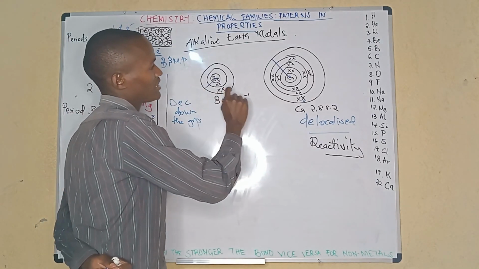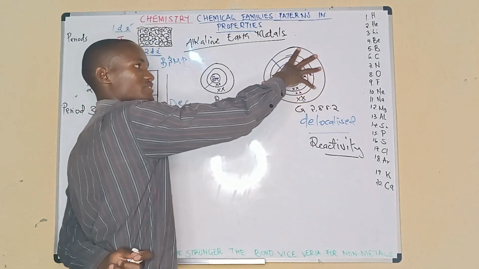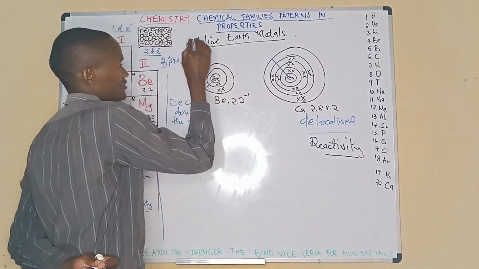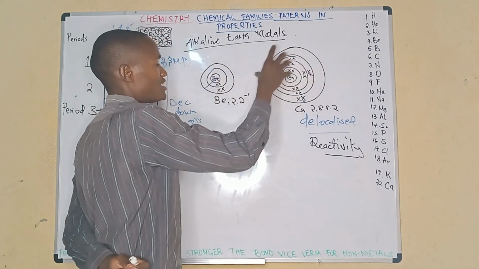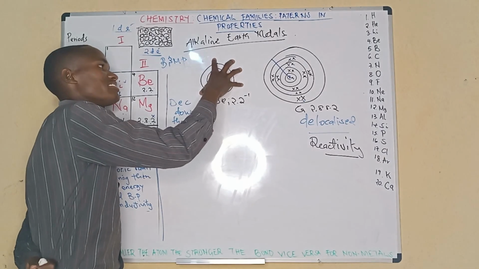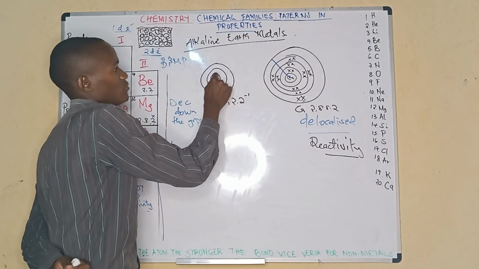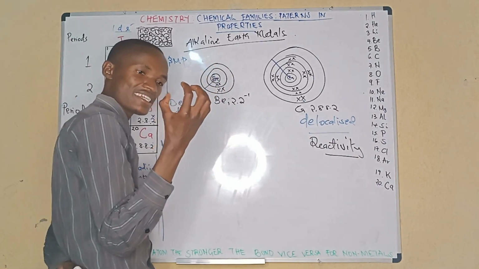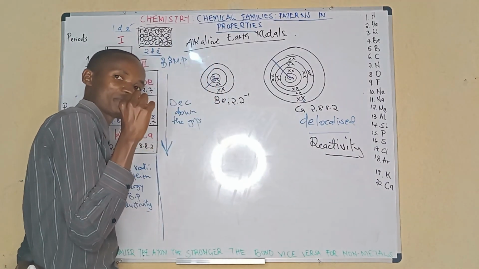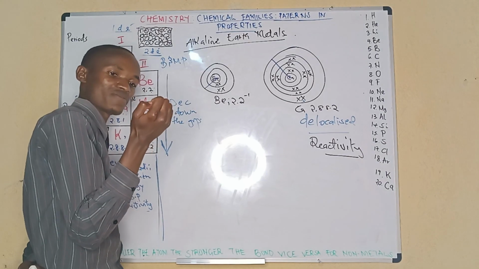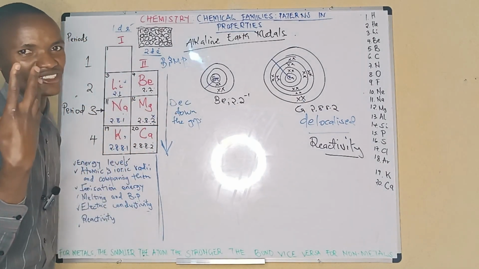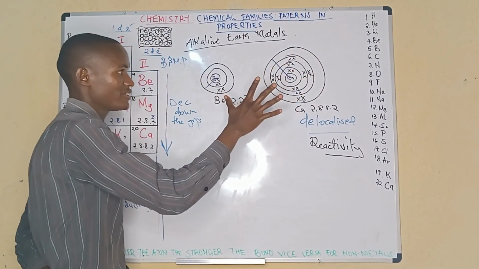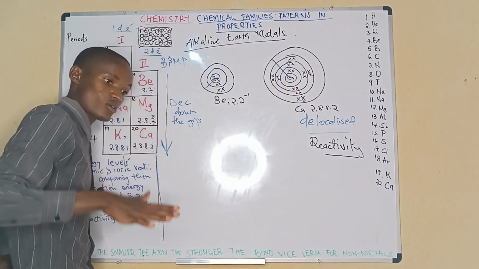Okay, beryllium and calcium. This one is a small atom, and this atom is very big. The nuclear charge here is strong, with protons pulling the electrons. Therefore, it holds its electrons firmly, and if it holds them firmly, it does not lose easily. But this one, since the atom is big, the nuclear charge is low.